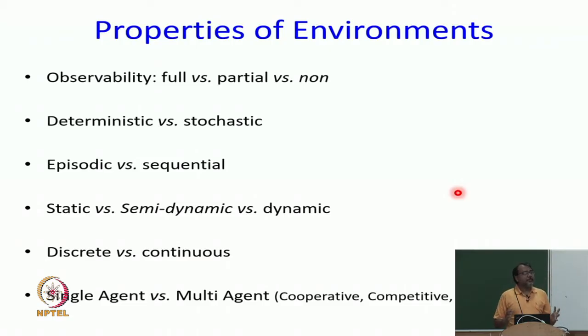Is my space fully observable, that I know at every point in time completely about everything in the world, or is it just not observable at all, which is another extreme, which is rarely the case, or is it partially observable, that I can know some things about the world, but I do not know some things about the world, right.